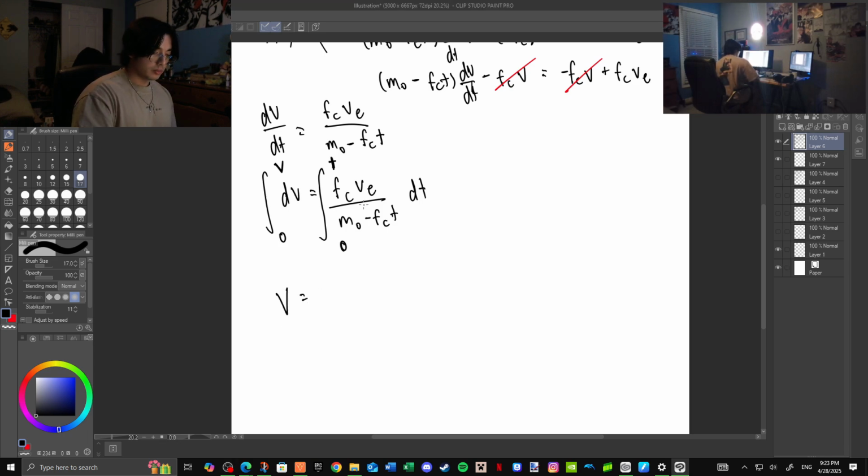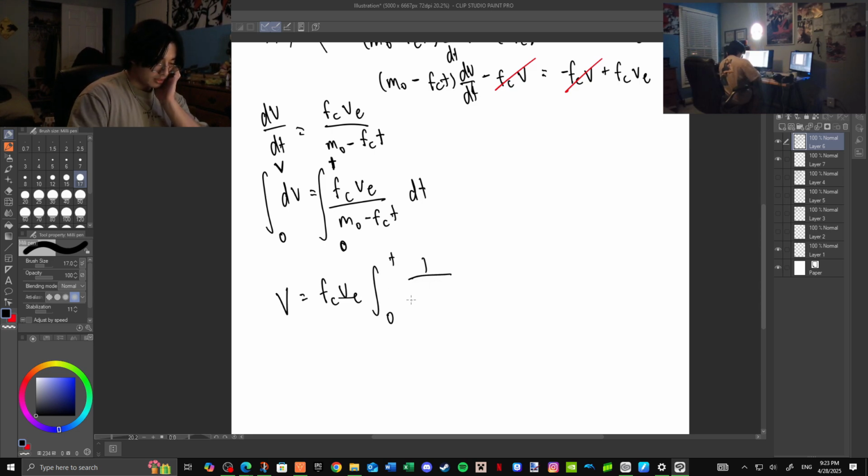And so we need to recognize that fc times ve is actually a constant. So we can move that outside the integral. And with this, we can actually perform u substitution.